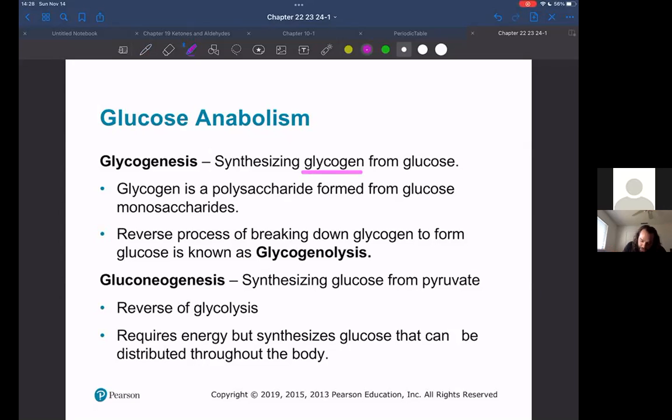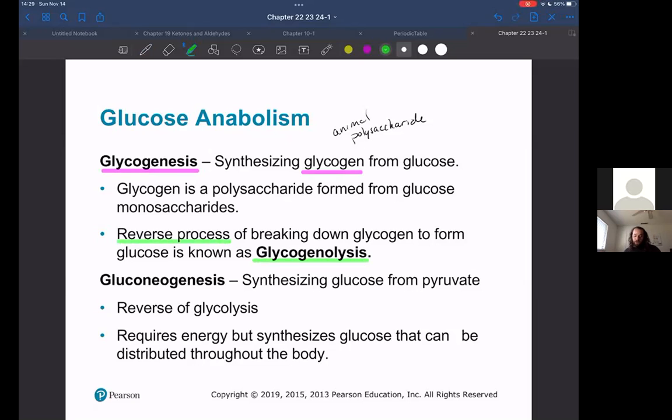Again, when you hear glycogen, you think animal polysaccharide. This occurs in what's called glycogenesis, right? So glycogen is synthesized in glycogenesis. The opposite process, which wouldn't be an anabolic process, it would be a catabolic process, is the breaking down of that glycogen to form glucose. The exact reverse of glycogenesis is glycogenolysis.